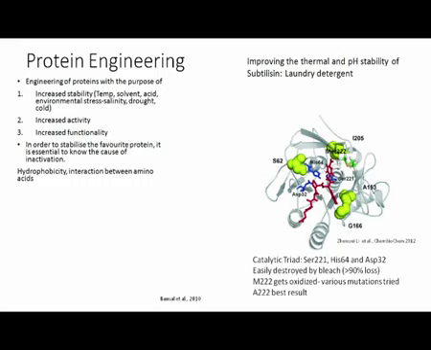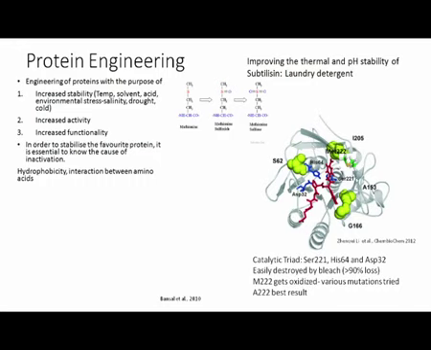Now, why does this activity go down? People have found out that this methionine undergoes oxidation, singly or doubly. It can form methionine sulfoxide, or it can get doubly oxidized to methionine sulfone, and if this happens, then this area lacks the capability to hold on to the substrate, and therefore, this protein becomes inactive.